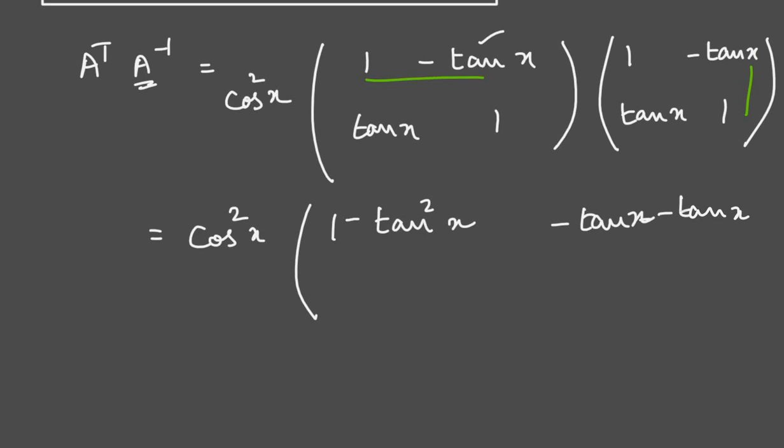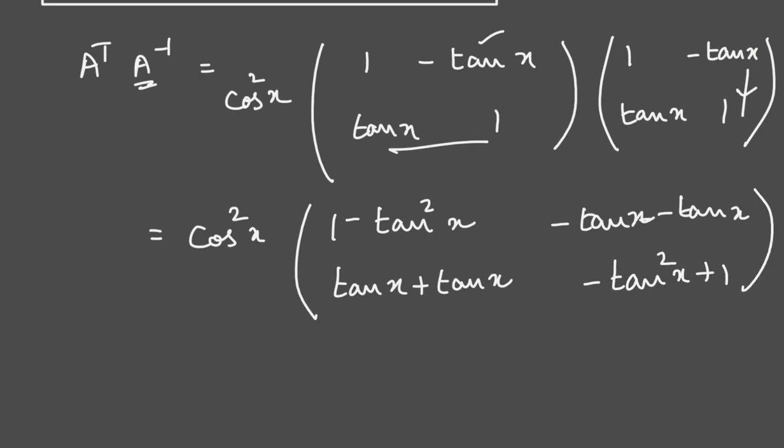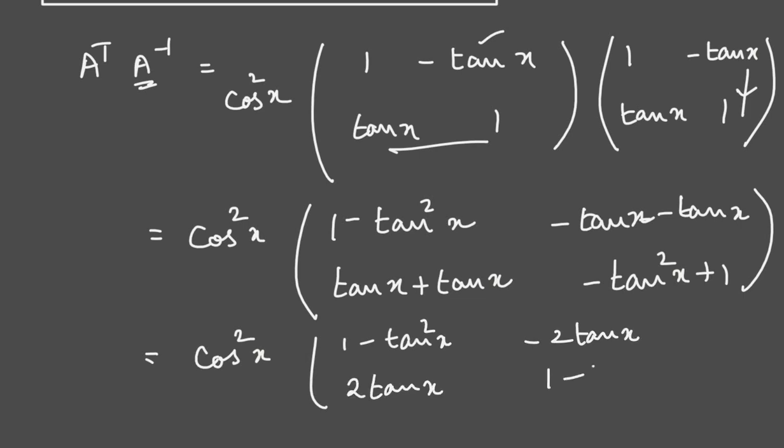Next we multiply the second row and the first column, we get tan x plus tan x. Next the second row and the second column, we get minus tan square x plus 1. Now this is equal to cos square x into the matrix 1 minus tan square x, minus 2 tan x, 2 tan x, 1 minus tan square x.